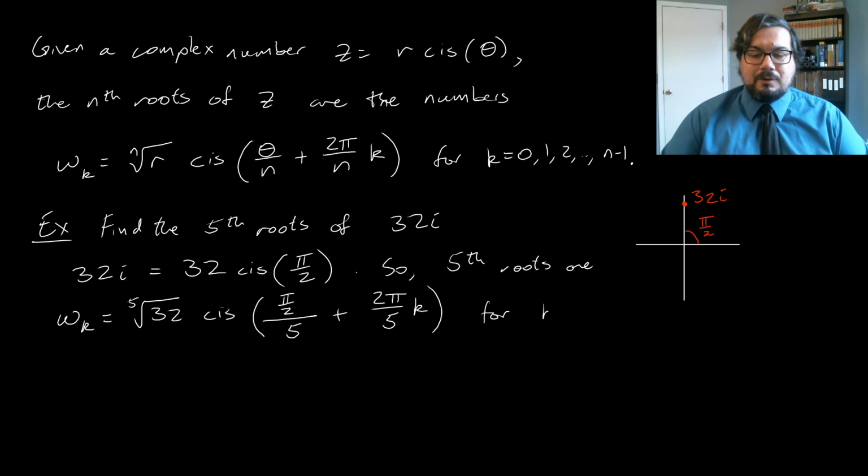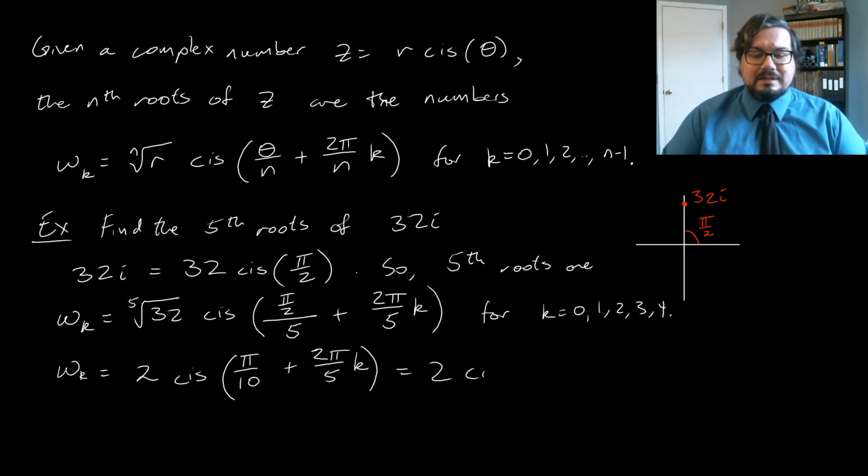And that's for k equals 0, 1, 2, 3, and 4. So this will give us wk. First of all, the fifth root of 32 is 2. Then we have cis of pi over 10 plus 2 pi over 5 k.